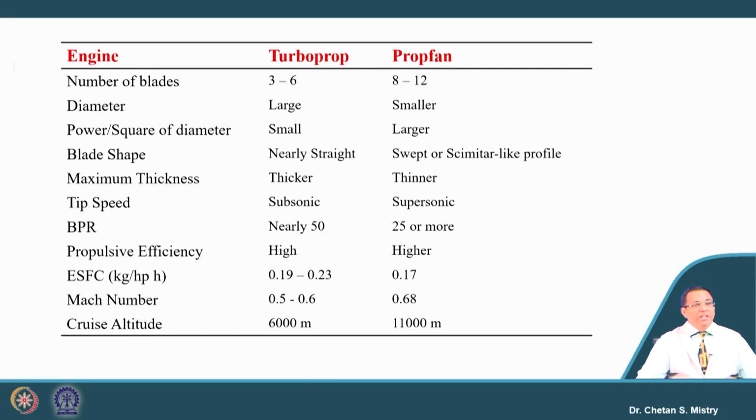It permits us to fly at higher altitude, with a cruise altitude maybe in the range of 11,000 meters. That is a future requirement in terms of flying altitude as well as Mach number, to achieve the different benefits we are discussing for all these engine configurations.